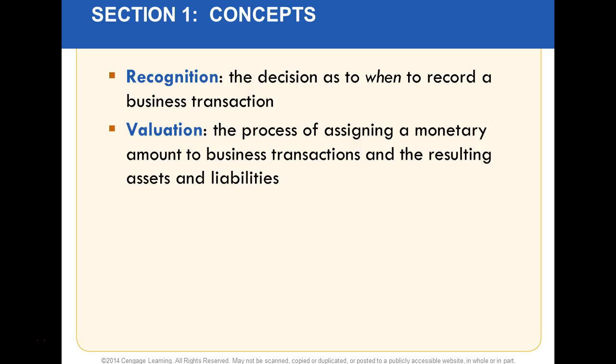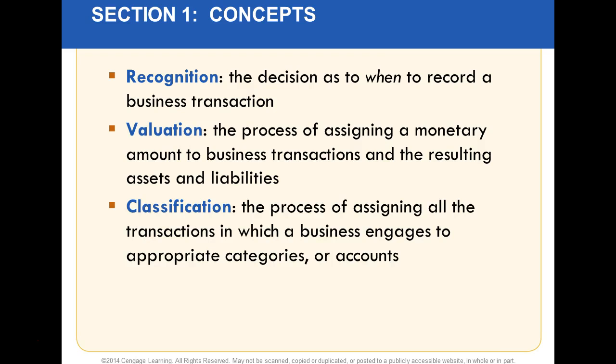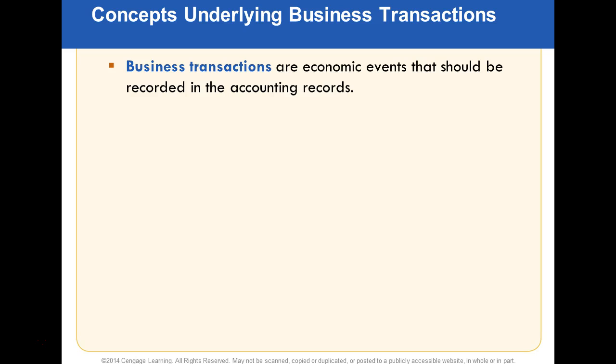We're also going to understand how we value those transactions. Monetarily, what do we assign to specific transactions? And then we're going to talk about what account do we put them to? How do we classify the various transactions we're dealing with?